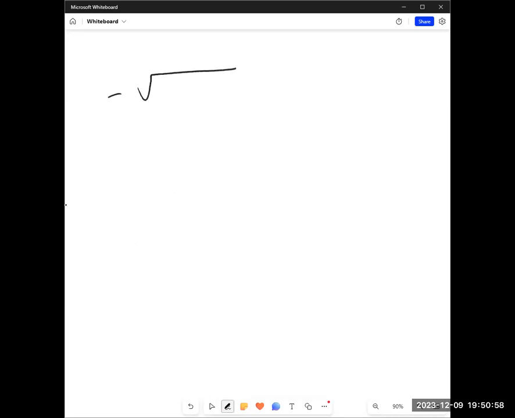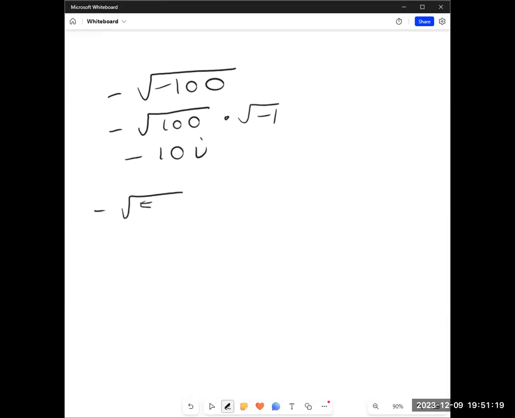Negative root negative 100 is negative root 100 times root negative 1 is negative 10i. Negative root negative 50 is negative, sorry, write that backwards.